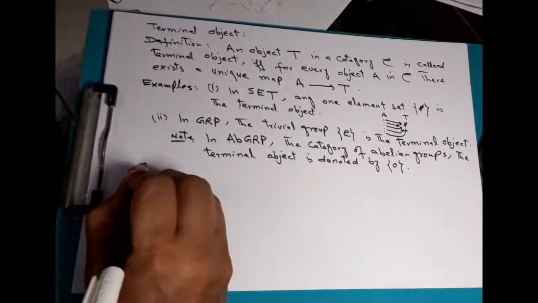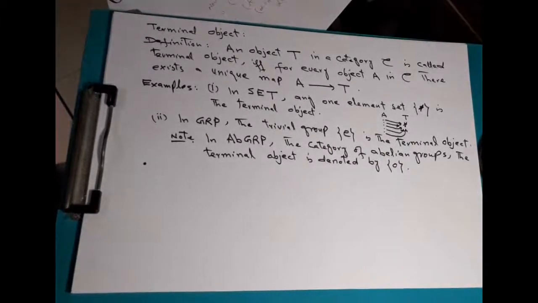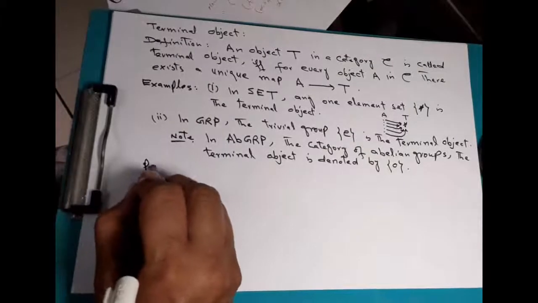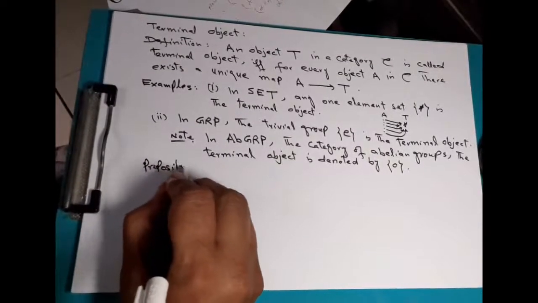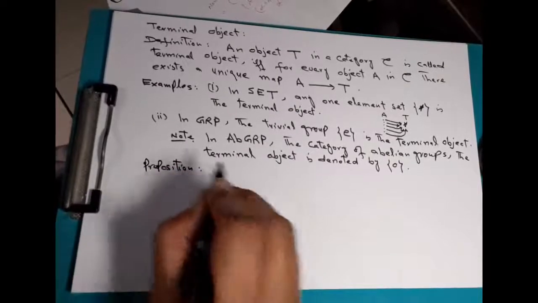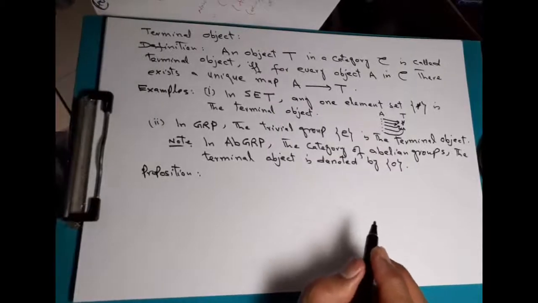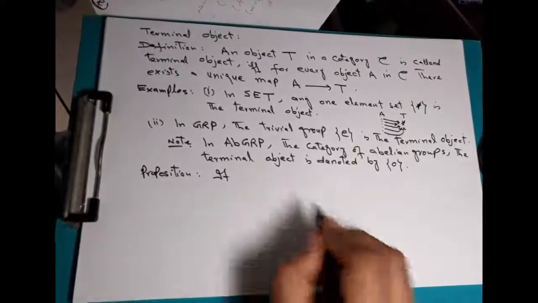Now let's come to the proposition. In fact, this is dual to the proposition we have already done for the initial objects. So let's have that proposition. If T and T dash are both terminal objects in a category C, then T and T dash are isomorphic.